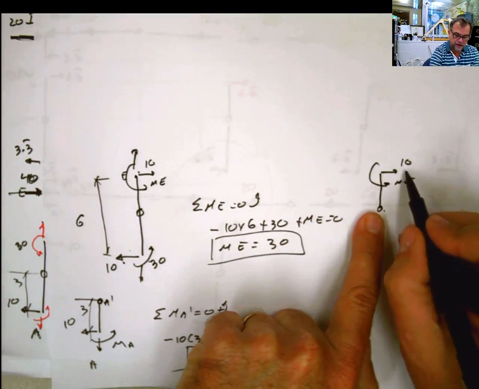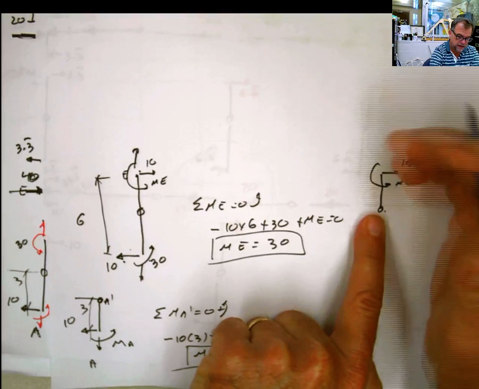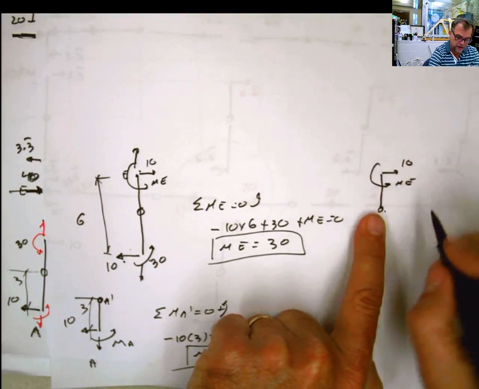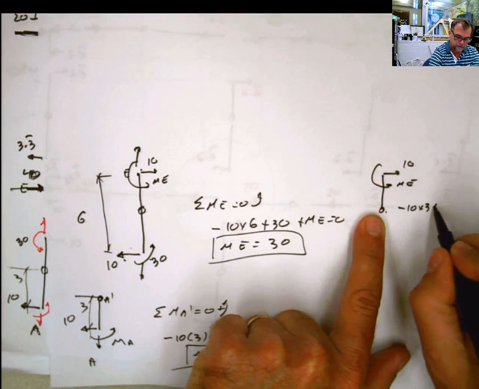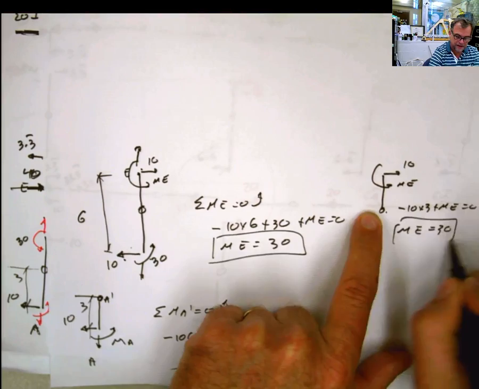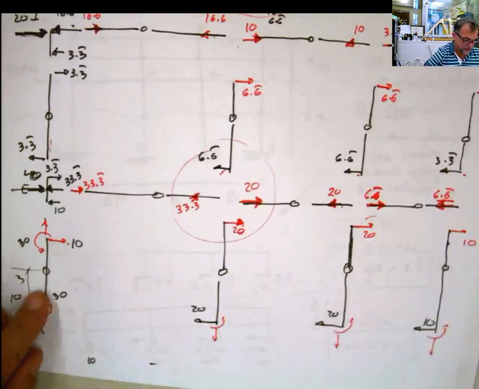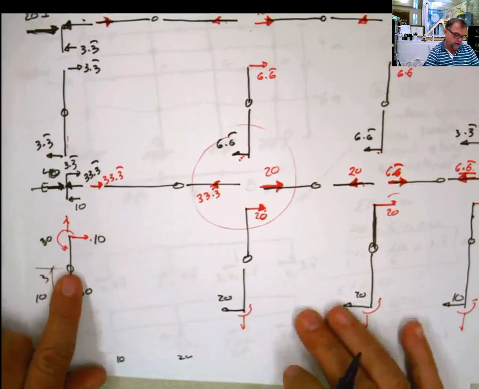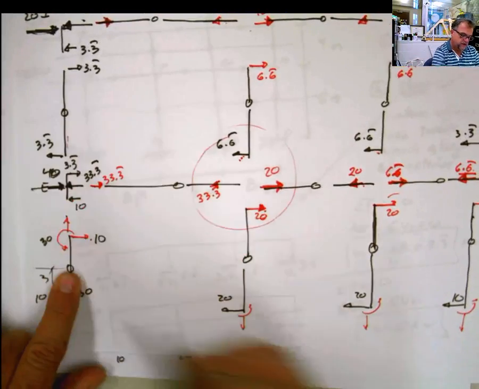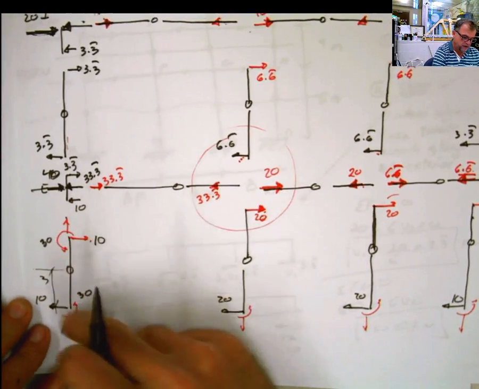So I'm gonna have 10 times 3 in this direction, 10 times 3 in this direction, negative plus ME equals 0, so ME equals 30. The same thing. You do not have to do this every single time. You can see it here and say, oh, wait a second, I do moment here, 10 times 3, it has to be 30 in that direction. And now you have these, I mean the moment, and you have the moment.